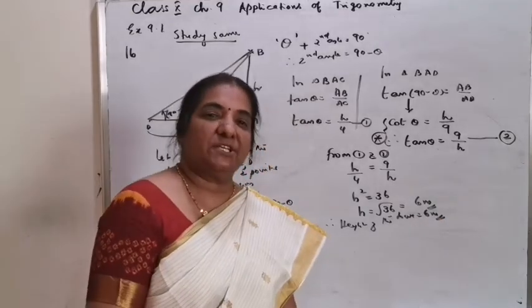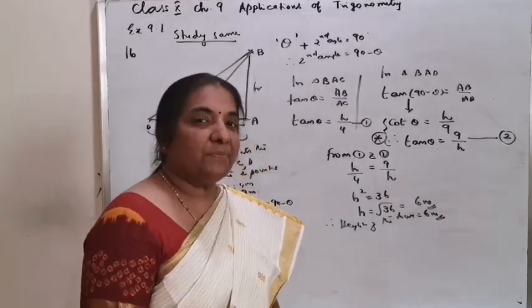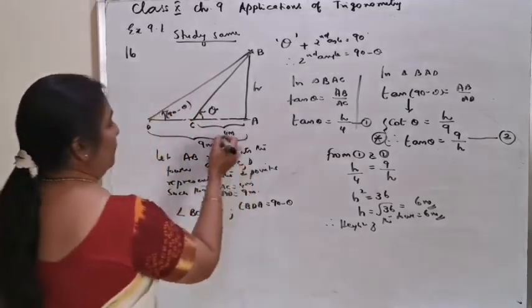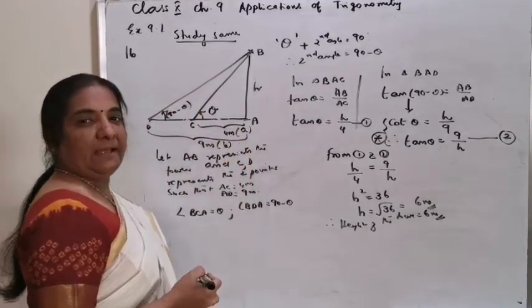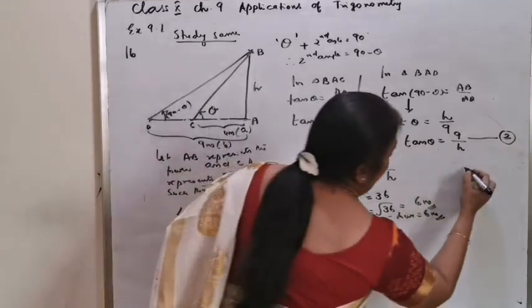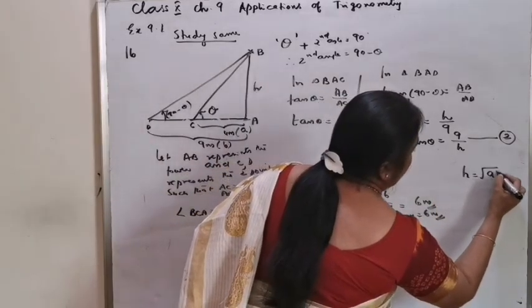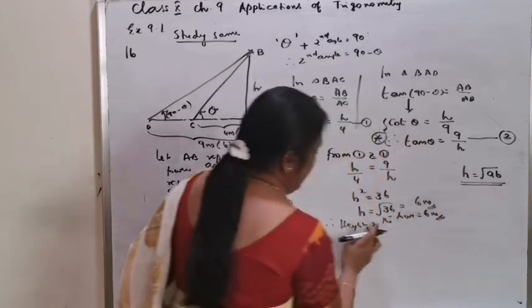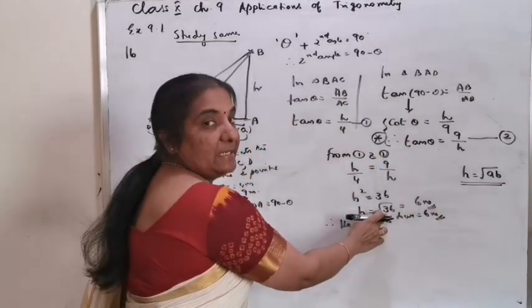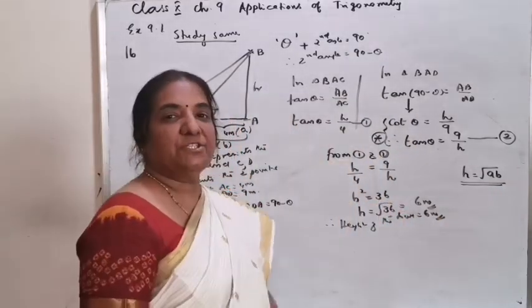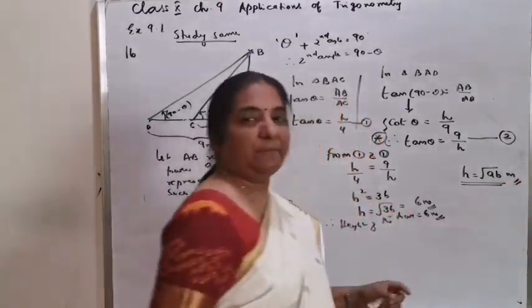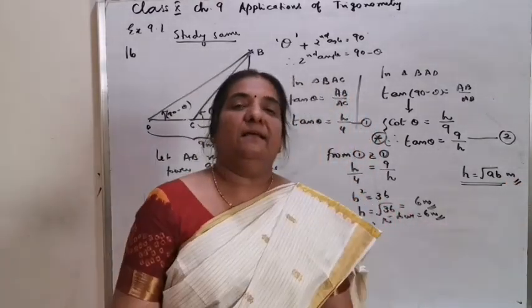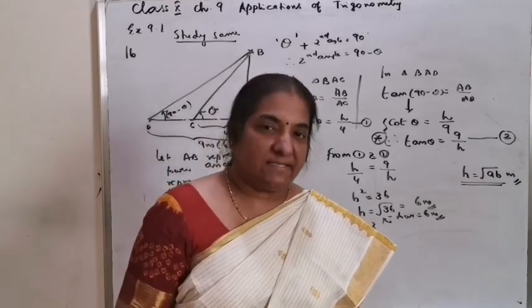The same question can be asked with the values of 4 and 9 as A and B, and you will be asked to prove the height of the tower as root AB. Follow the same steps and you will reach H is equal to root AB meters. So the same question can be asked with general A and B as distances.